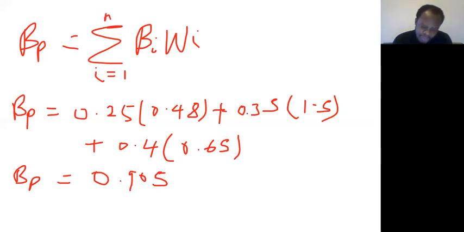Great. So the next question is, using your answer from part C, calculate the expected return of the portfolio and verify that it matches with your answer in part B. Now we've gotten the beta of the portfolio. So the return on the portfolio is the same as RF plus beta of the portfolio multiplied by RM minus RF.